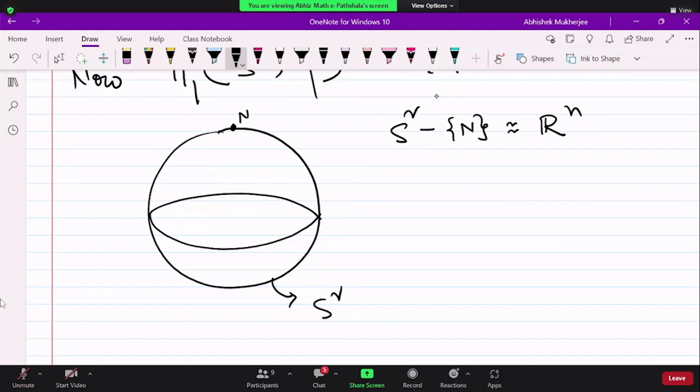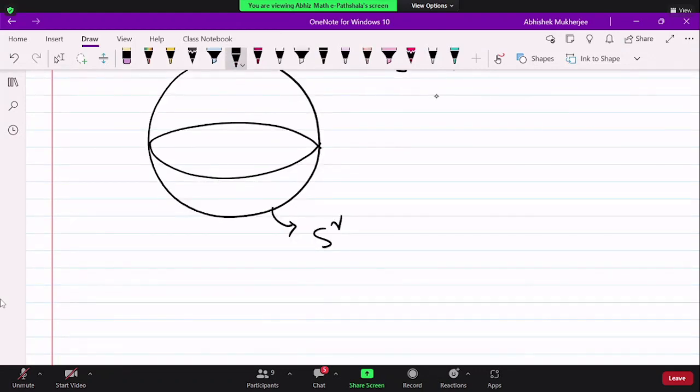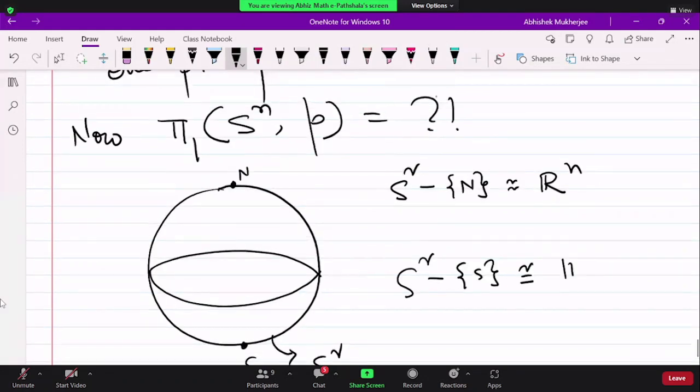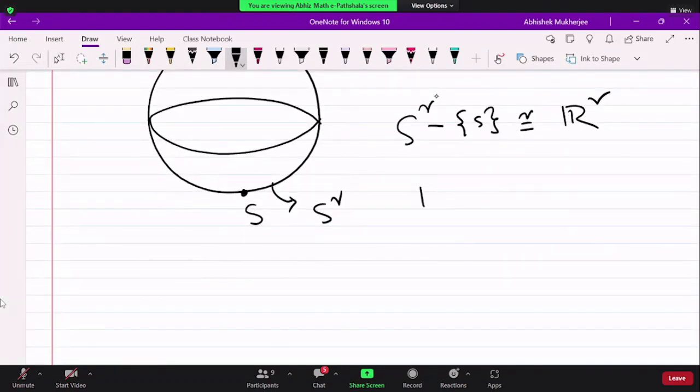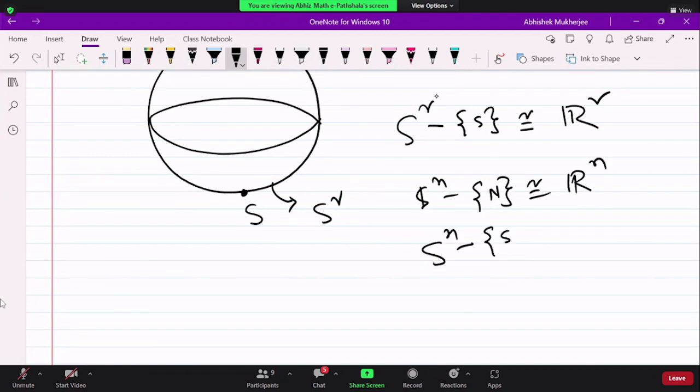And let us make a flip with respect to the equator. Then you are taking a puncture at the South Pole, and that will again be homeomorphic to R^n. I'm sorry, this is R^2. So in general, S^n minus N is homeomorphic to R^n, and S^n minus S is homeomorphic to R^n also.